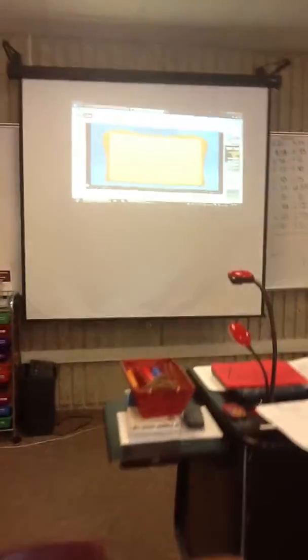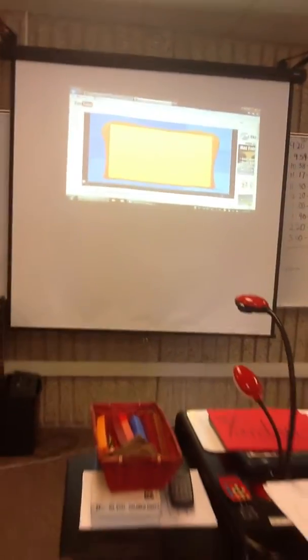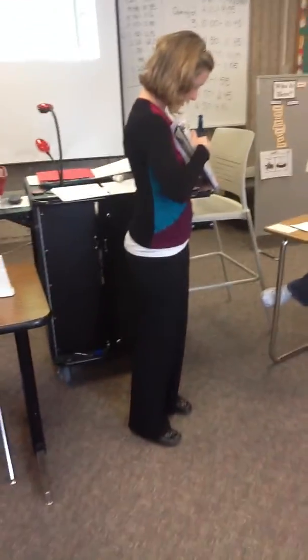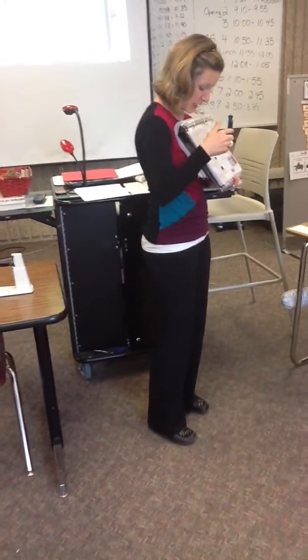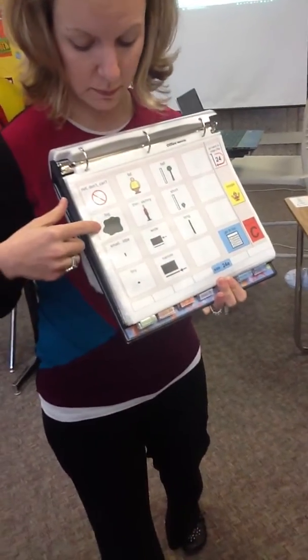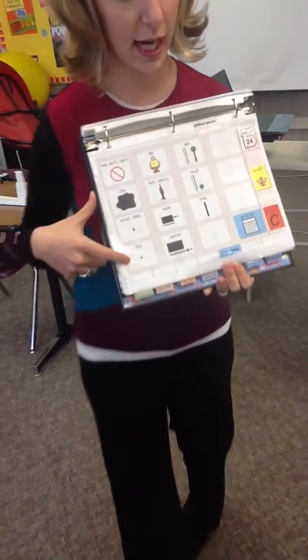We can measure. Let's look at our pod book. We can measure how tall something is, or how short something is, how wide, how narrow, and then some other words we could talk about: big, small, and tiny.